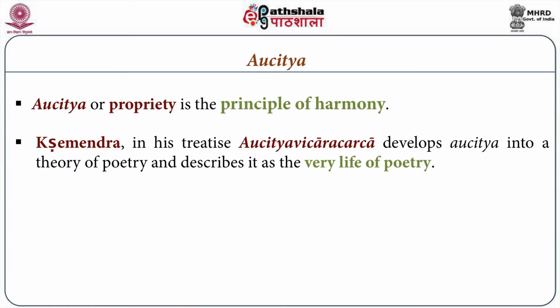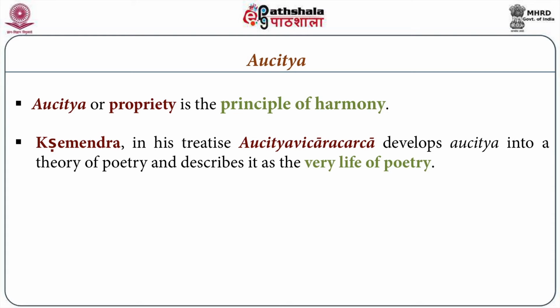This, for the first time, Kshemendra maintains in his treatise Auchitya Vichar Charcha. He says that there can be various elements, whether related to form or content, but unless there is harmony between all these components, there cannot be a rasa experience or aesthetic experience.